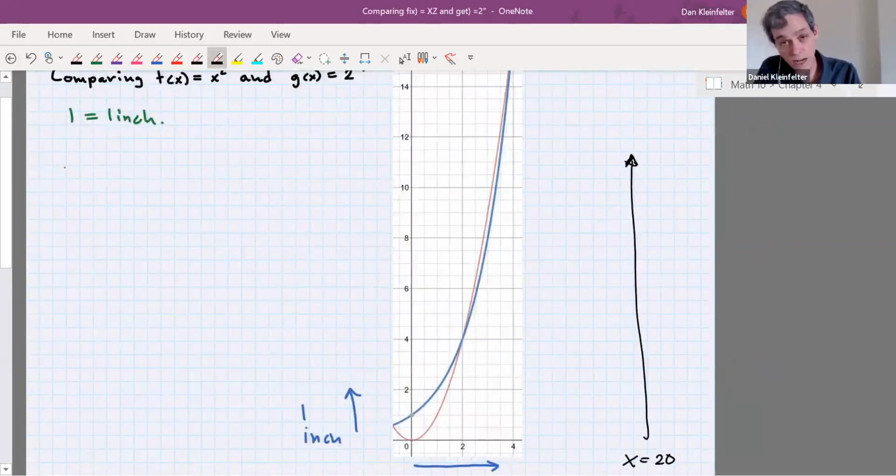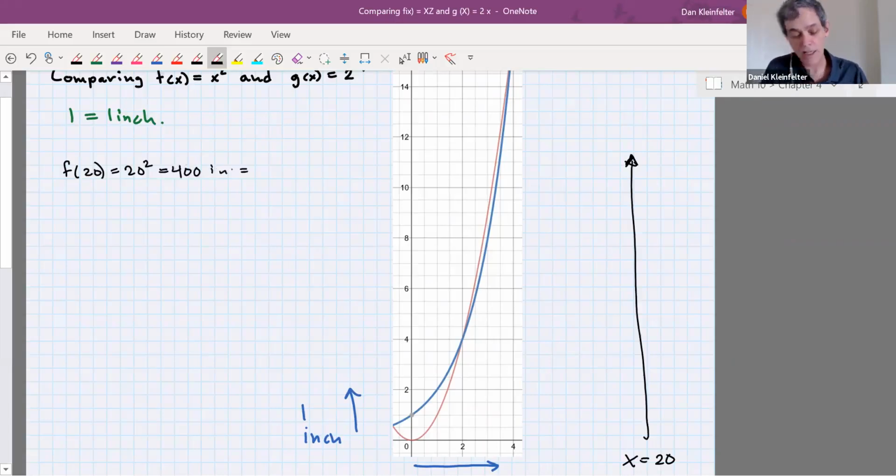When x is 20, we'll have f of 20, and that's 20 squared, or 400. That's 400 inches. Let me turn that into feet for you. That's 33 1/3 feet. So that's really big, right?